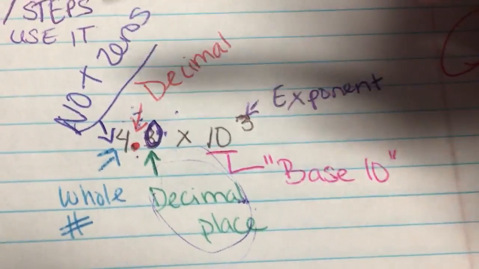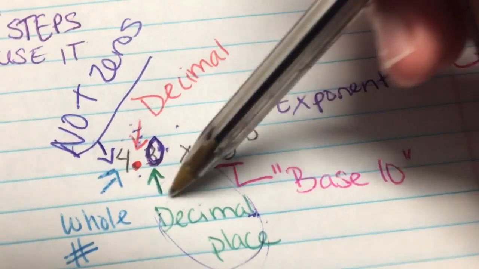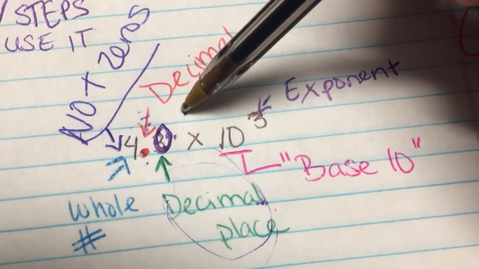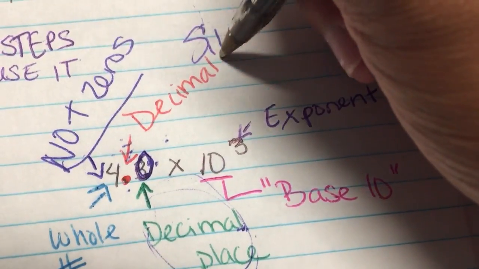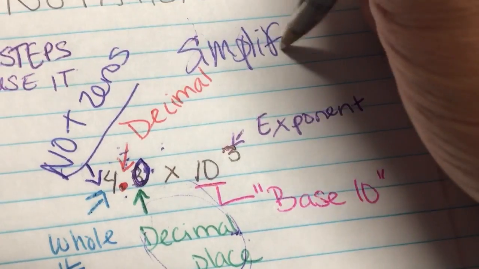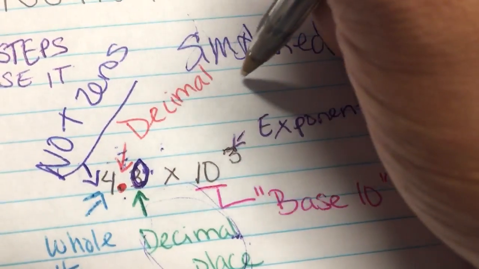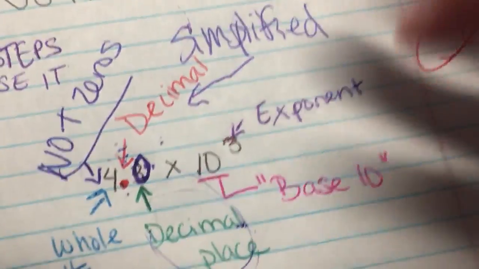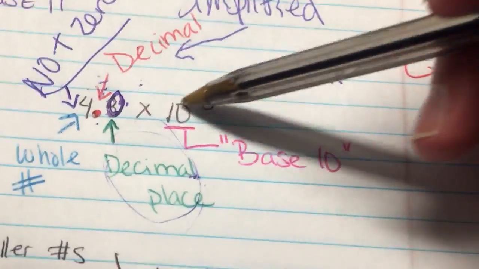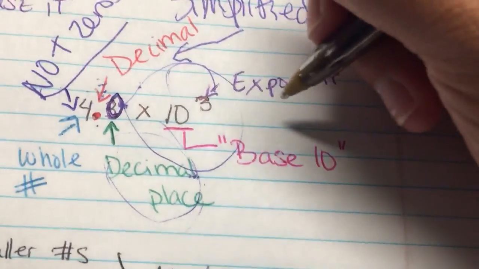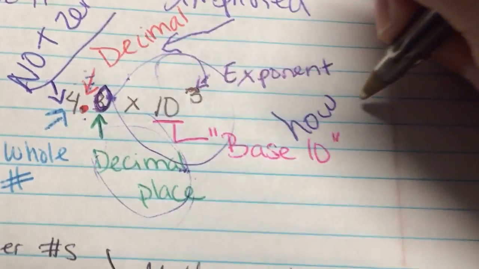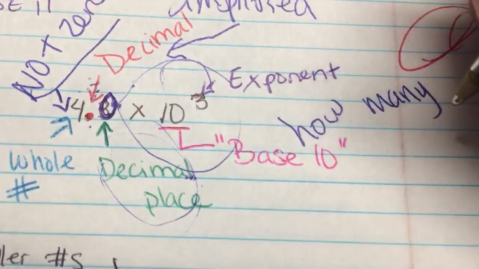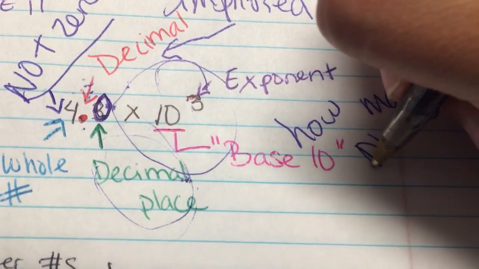But basically what this whole thing is showing you is that this is the most simplified version, the most broken down thing that we can get. And what this side tells you is how much do we move it. How many places are we skipping? How many places are we moving?